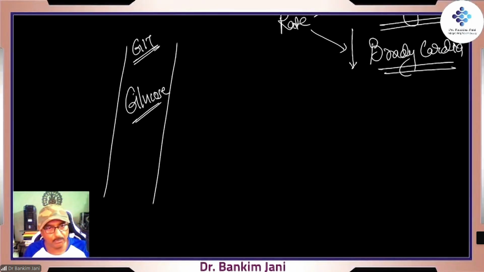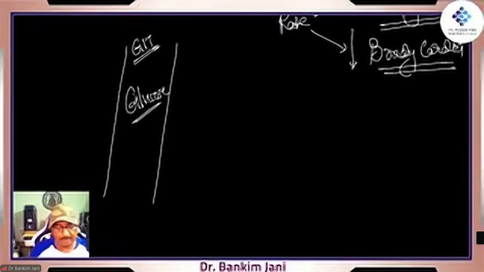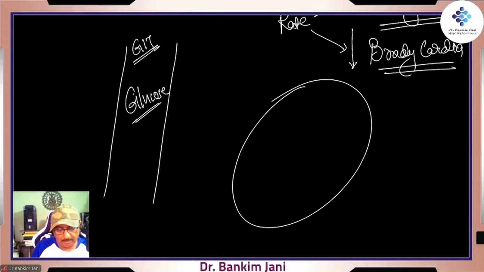The glucose has come into our bloodstream. When the glucose comes, it leads to the release of insulin. That insulin is there. From where is it coming? From the pancreas, right?